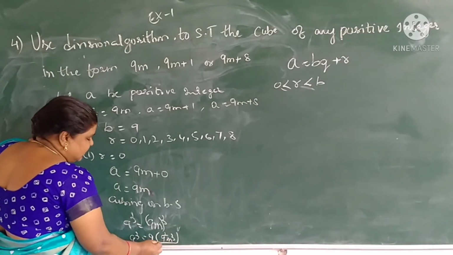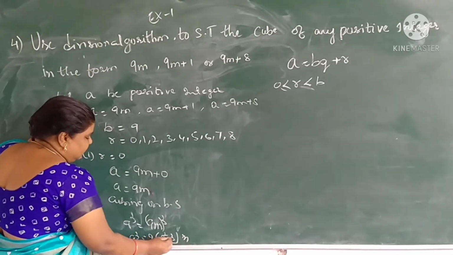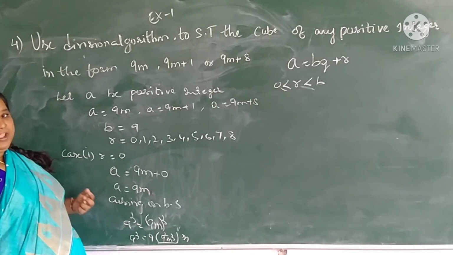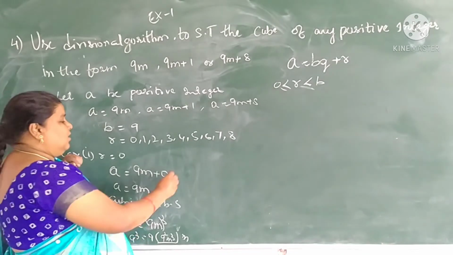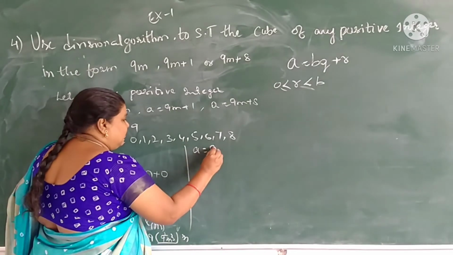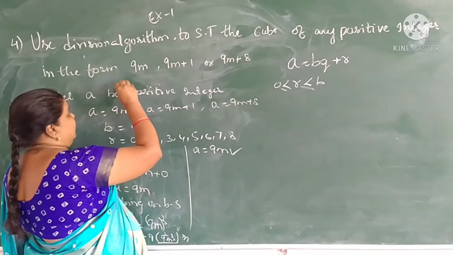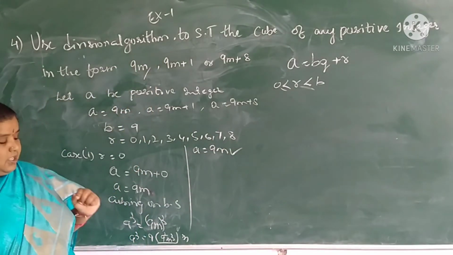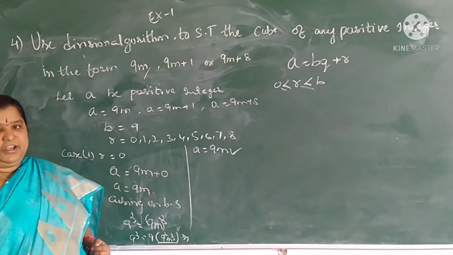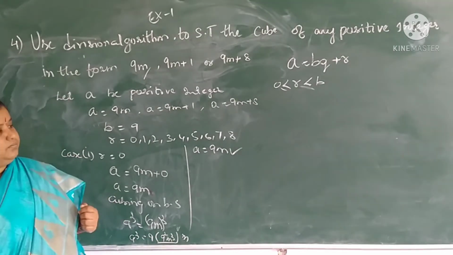If you take this as some m, it will be 9m. So a cube is equal to 9m. So it is satisfied in this condition. Whatever we are getting, we have to consider it as m.